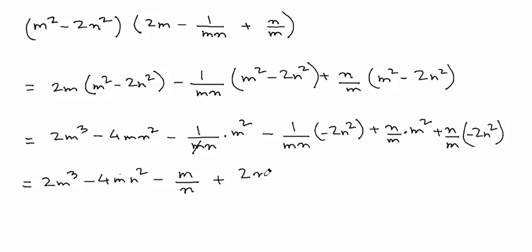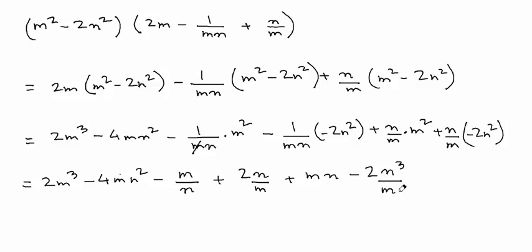Therefore, we have 2n over m this time, plus this m crosses off with one of the m's on the top. So we have mn, and finally a positive times a negative is a negative, minus 2n times n square is 2n cubed over m.